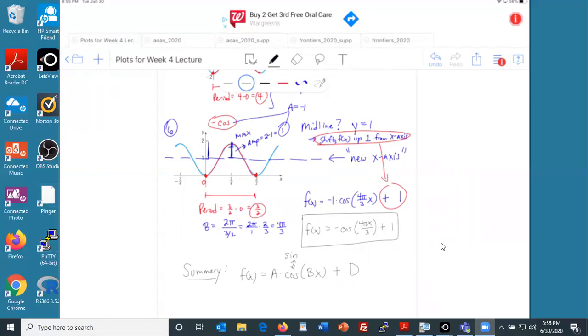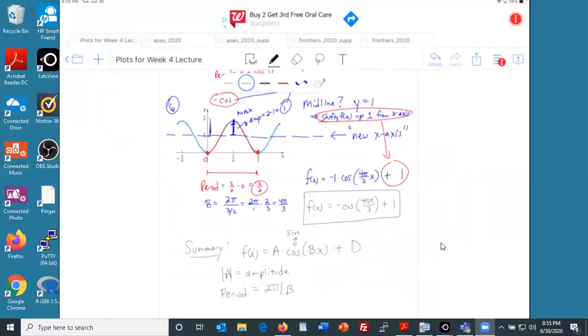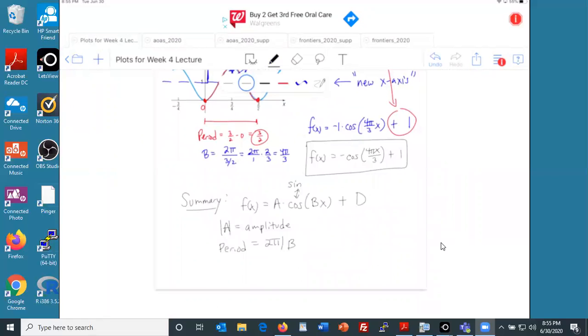So a would be the amplitude, or the absolute value of it. The period is 2 pi over b. And then the d value is actually the value of the midline.